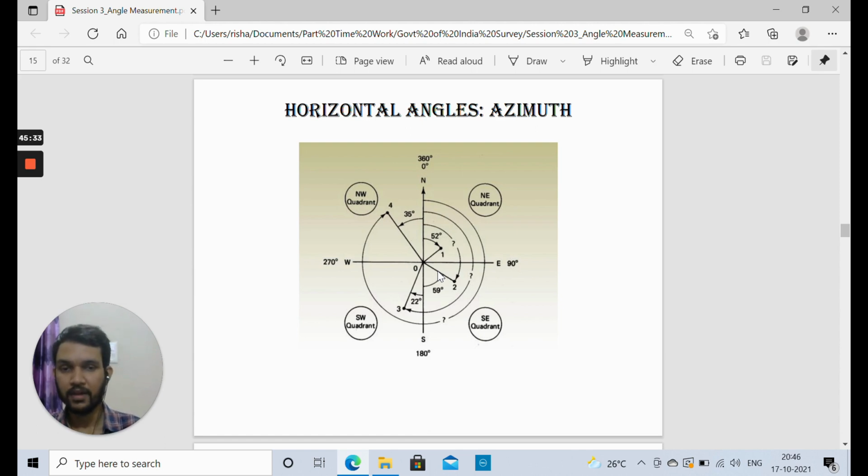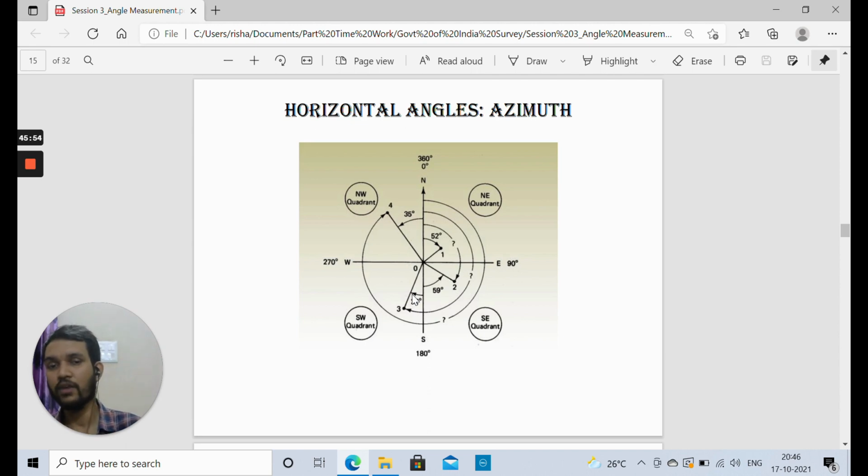Next comes line O3. For line O3, the angle is 22 degree with reference to the southern axis, and we need to calculate the whole circle bearing of this line. Since it is lying in the third quadrant, that is the southwest quadrant, its angle should be between 180 and 270 degree.